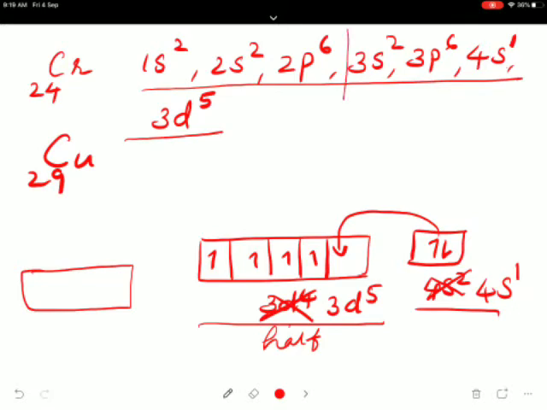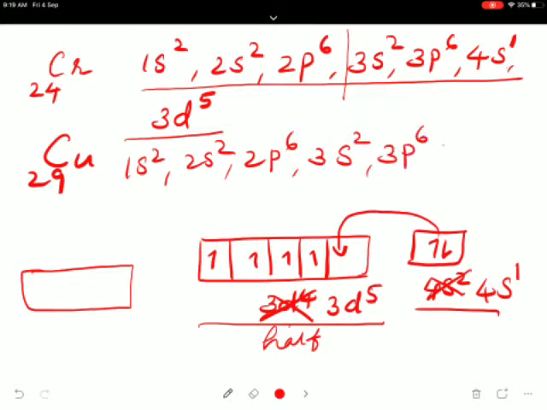Now copper 29: 1s2, 2s2, 2p6, 3s2, 3p6, 4s1, 3d10.